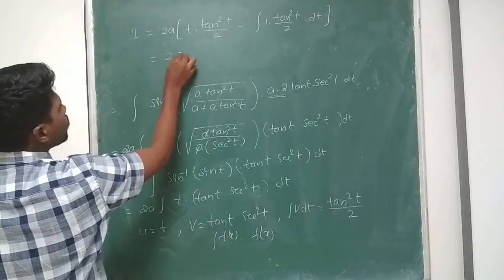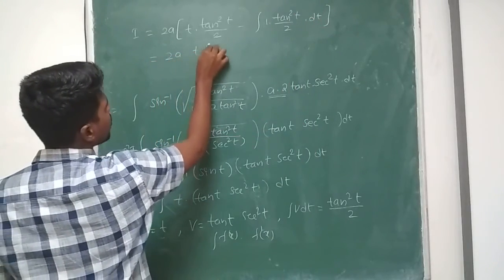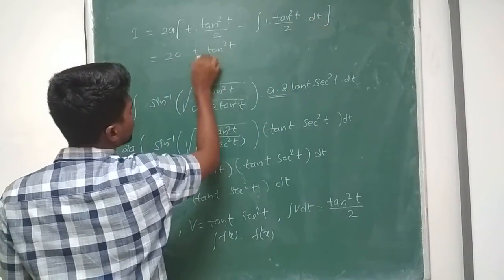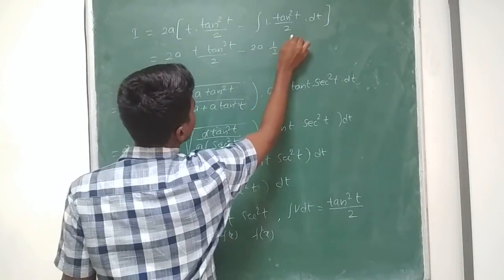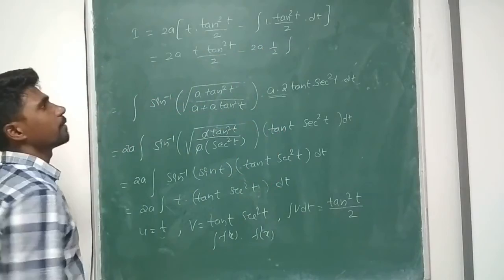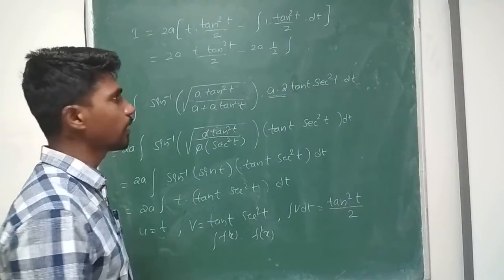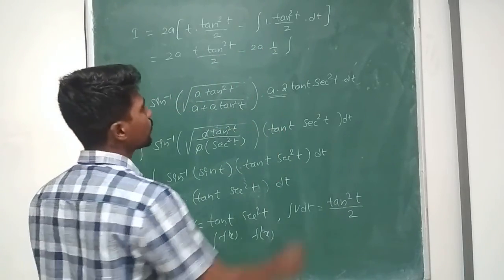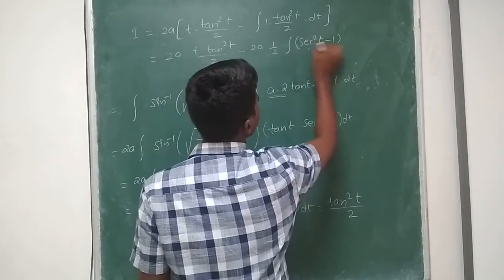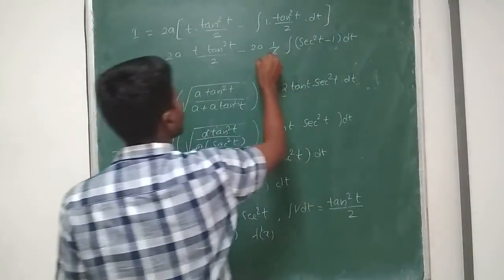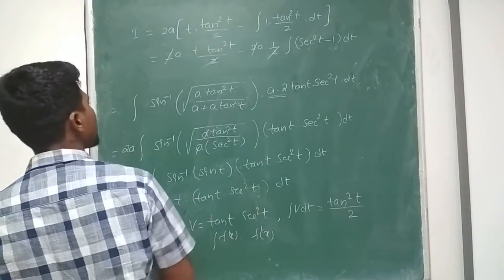So now I get 2a into t into tan square t by 2 minus, so 2a into 1 by 2 integral tan square t. So directly tan square t I cannot evaluate. For that I use tan square t as secant square t minus 1 dt. So 2 and 2 get cancelled.